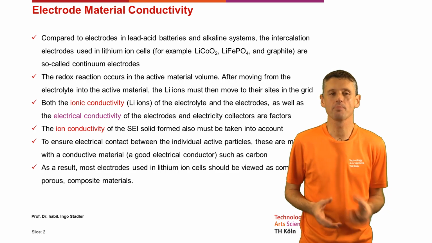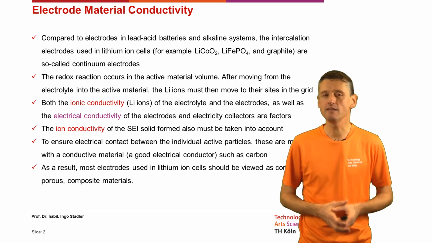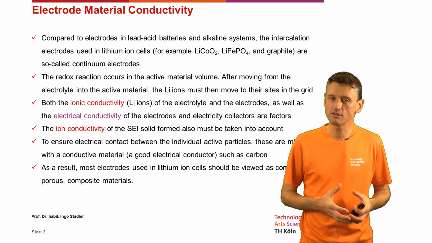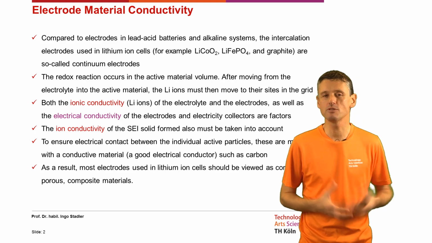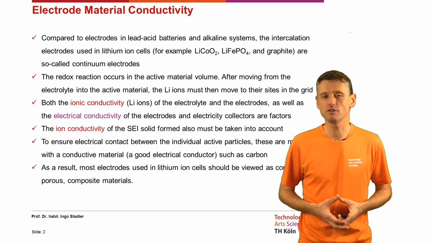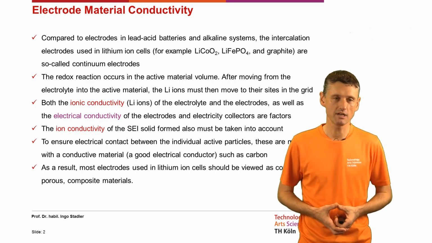Both the ionic conductivity of the electrolyte and the electrodes, as well as the electrical conductivity of the electrons and electricity collectors, are factors. The ion conductivity of the SEI, solid electrolyte interphase, also must be taken into account.